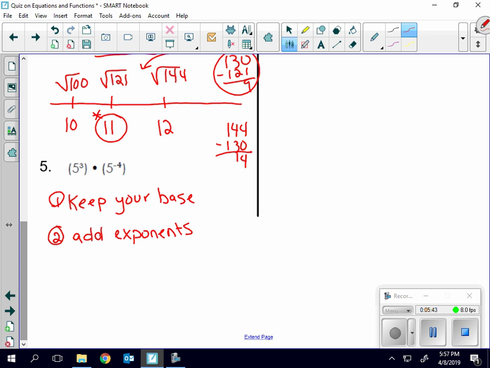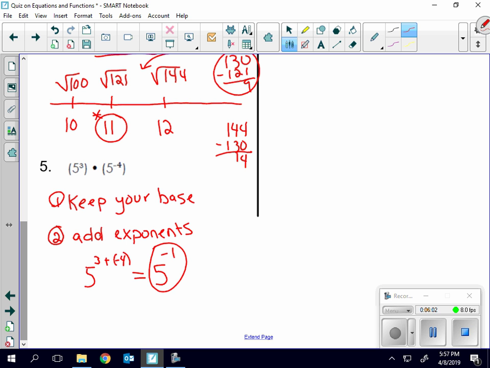What's the base? Base is 5. Add the exponents. 3 plus the other exponent is a -4. Well, 3 plus -4 is -1. I took that answer.